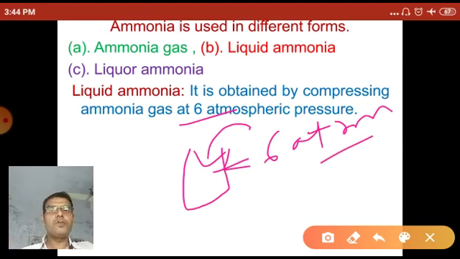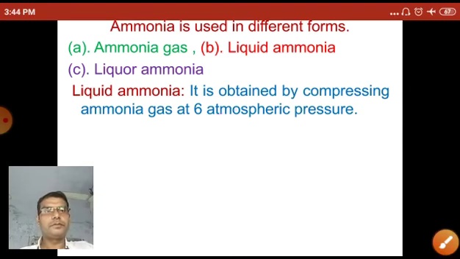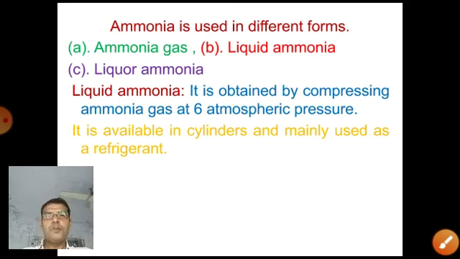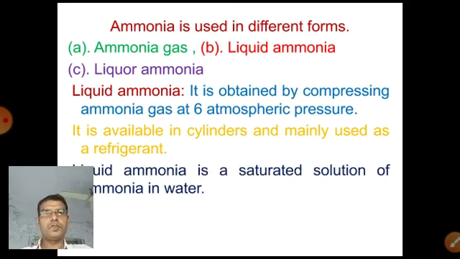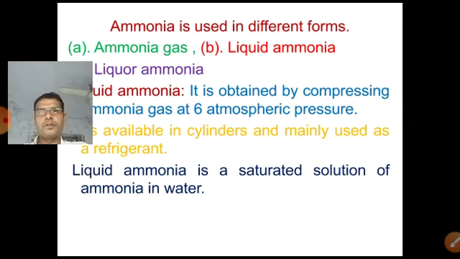Then the composition of ammonia does not change, but its state changes, and the gaseous form changes into the liquid form at 6 atmospheric pressures. That is called liquid ammonia. Liquid ammonia is available in cylinders, and it is mainly used as a refrigerant in our AC, in our fridge and other refrigerators for cooling down the temperature.